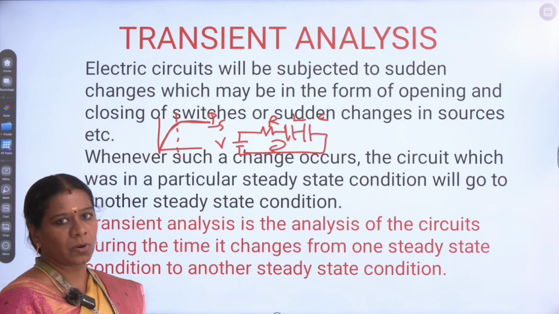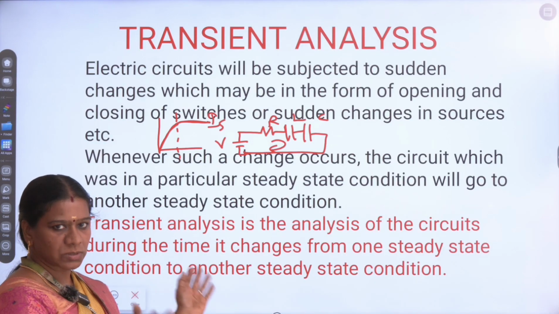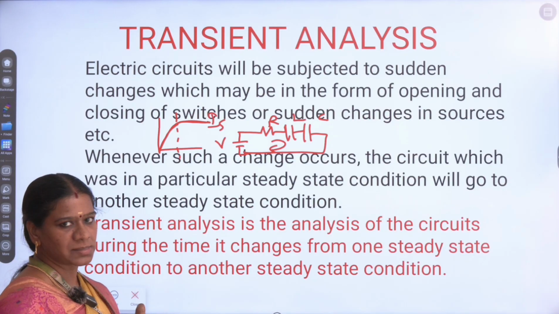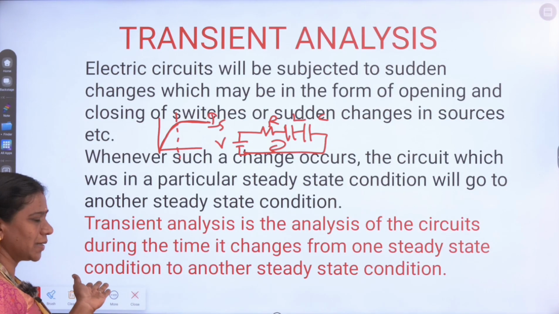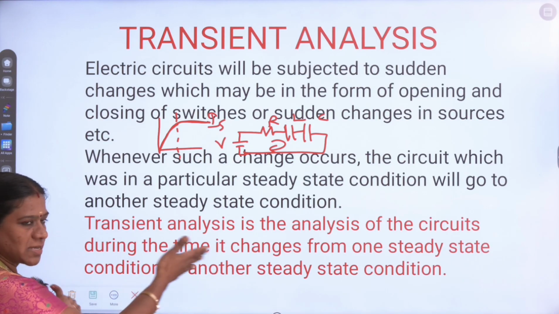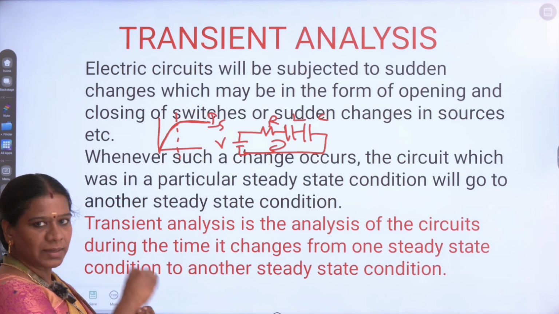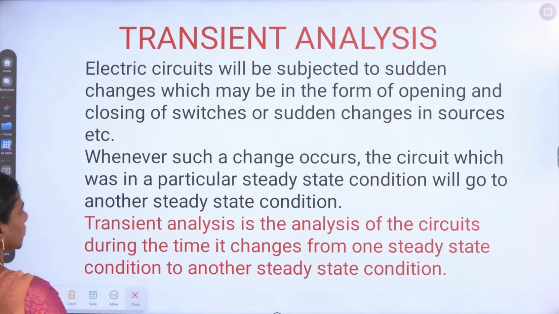In today's class we are going to talk about transient analysis for the RL circuit and problems related to it. Transient is nothing but what the voltage and current are in that circuit before reaching the steady state. We'll move to the next slide.